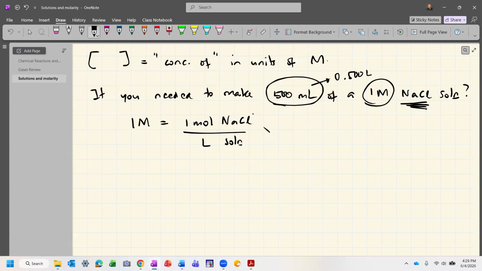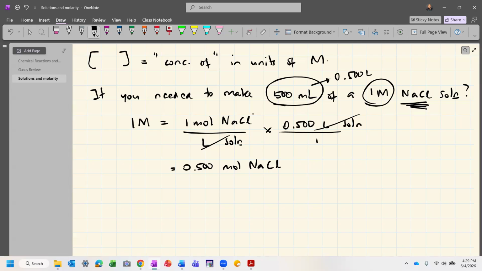So if I take my concentration and multiply it by the volume that I need to make, liters go away. Now I end up with 0.500 moles of NaCl. That's the amount of NaCl I would need to make 500 mL of that solution.